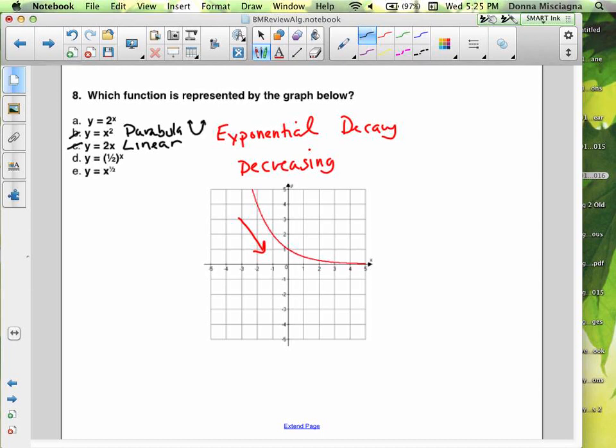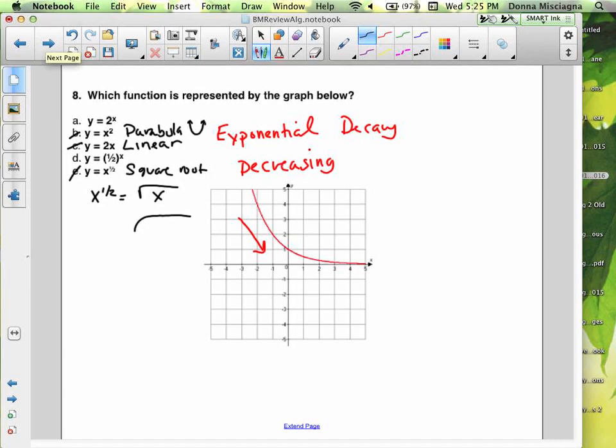And then here we have y equals x to the 1/2 power. That's a square root function. X to the 1/2 is the same as the square root of x. So that is not an exponential function. A square root function looks like that.